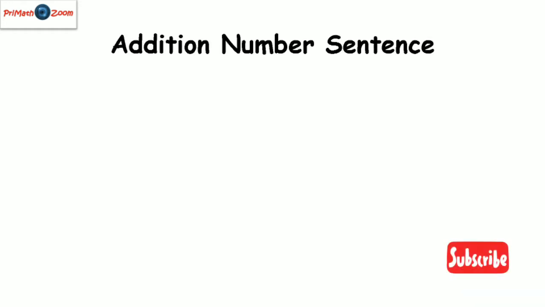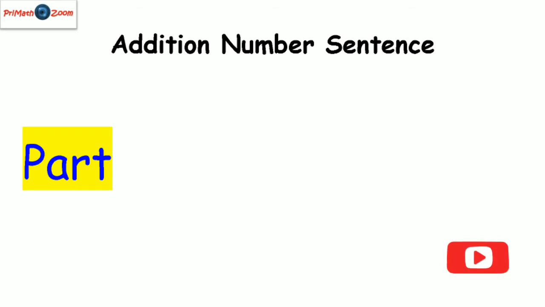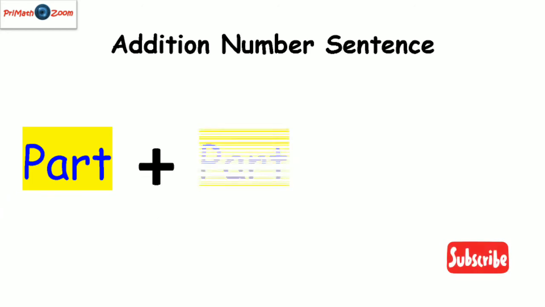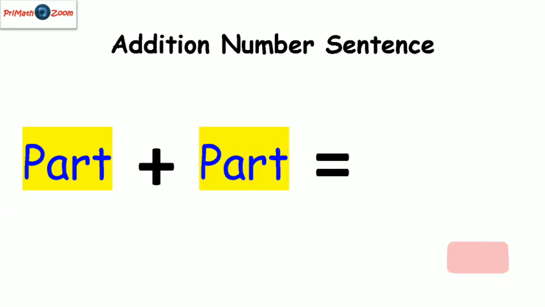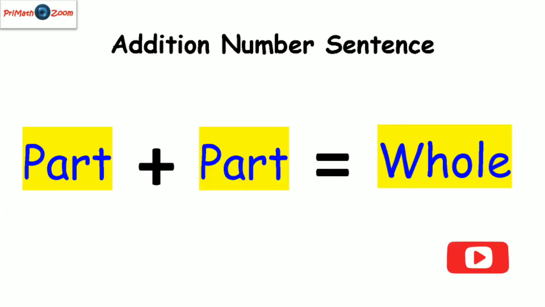But let us look at how number sentences are written when we are adding. So, when we are adding, we have part plus part equal to whole. So, a normal addition equation or an addition number sentence looks like this.